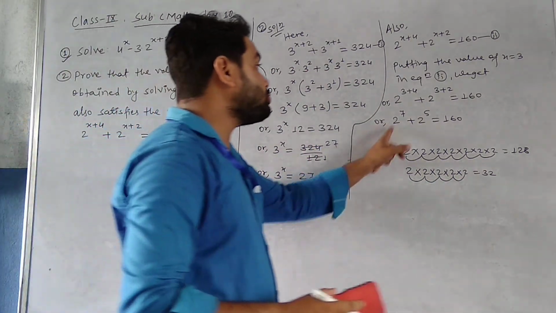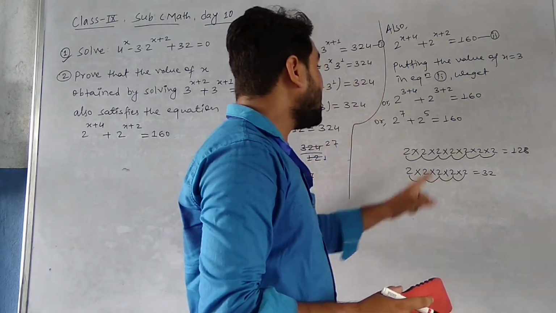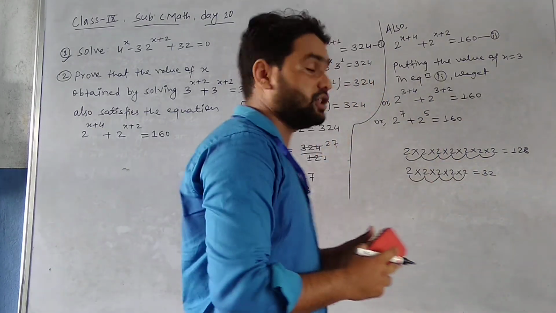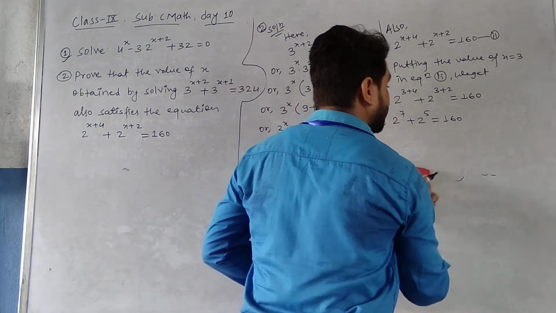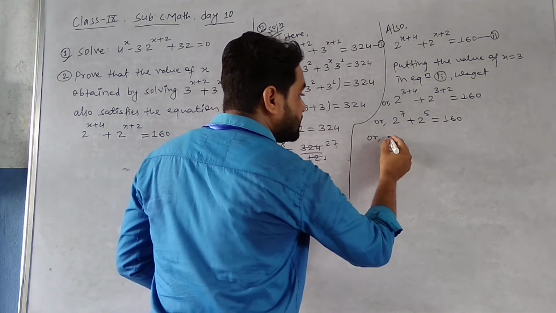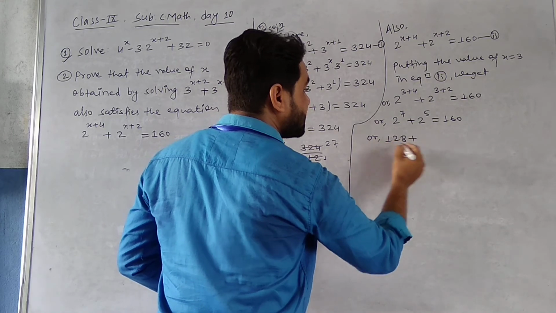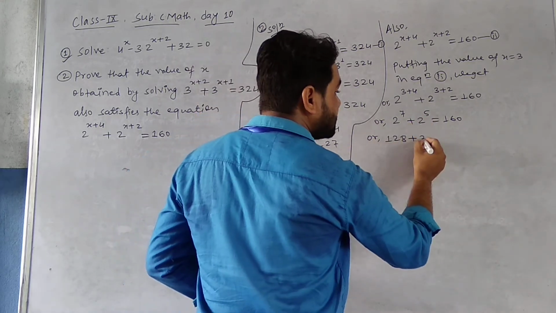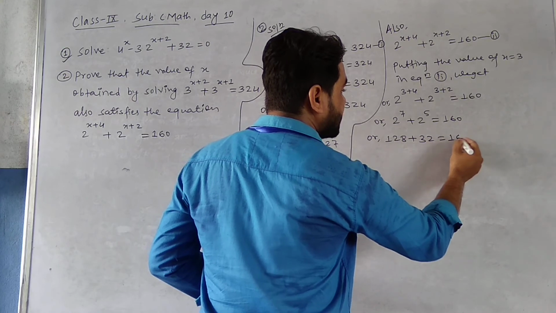That means 2 power 7 is 128, and 2 power 5 is 32.